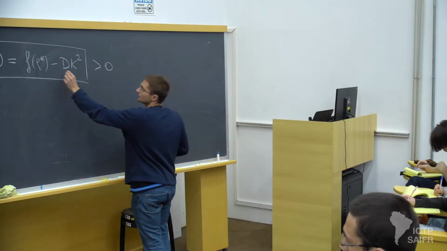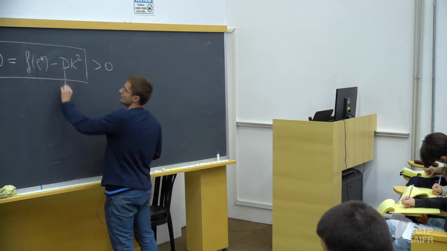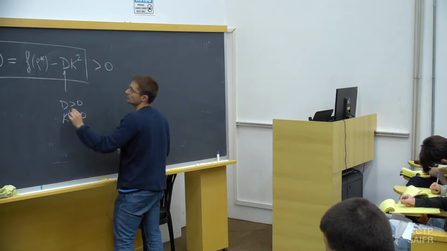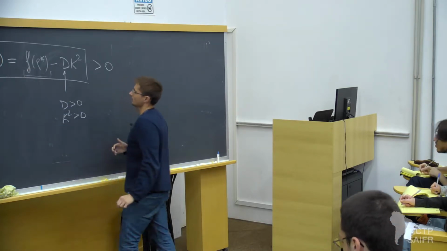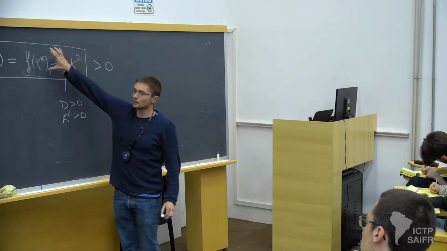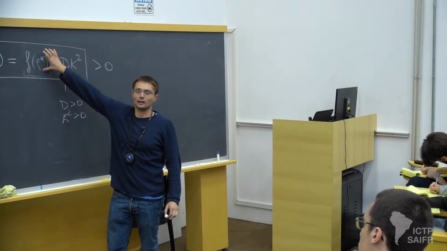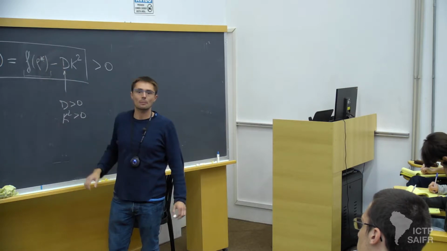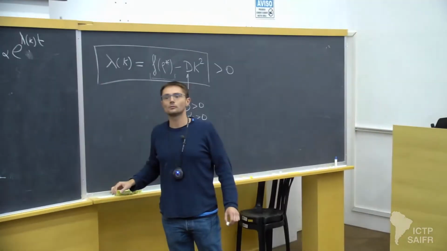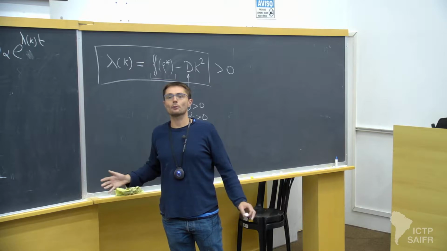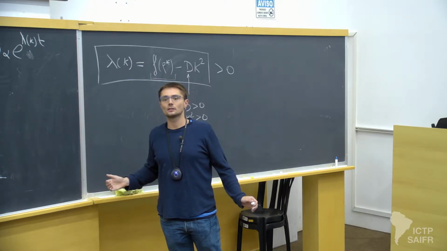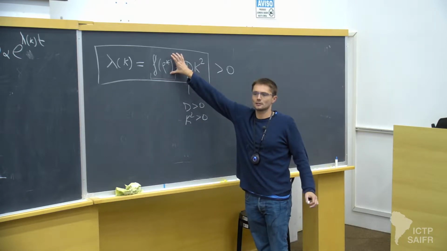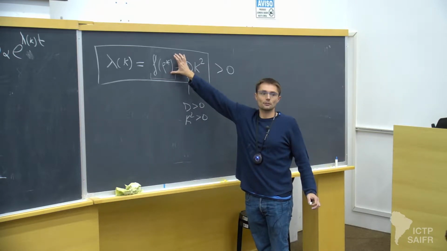And then I need, because d is positive and k squared is positive, if I want this to be positive, what can I say about this contribution? Has to be positive, right? But what happens if this is positive? If this is positive, what happens with the solution?